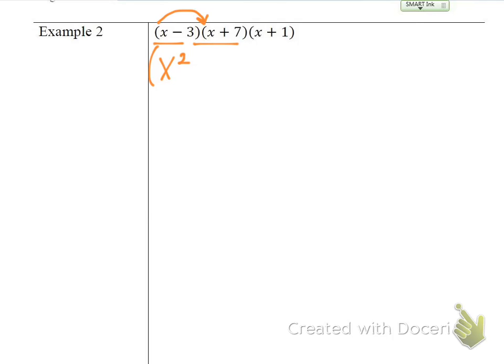O is outside, so x times 7 is plus 7x. I is inside. Negative 3 times x is negative 3x. And last, negative 3 times 7 is negative 21. And then times x plus 1, bring that down.